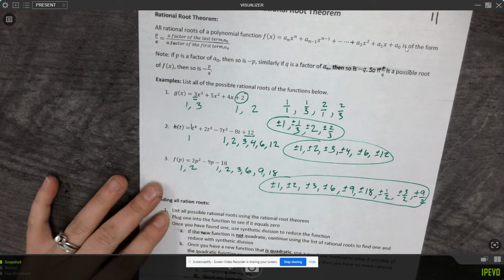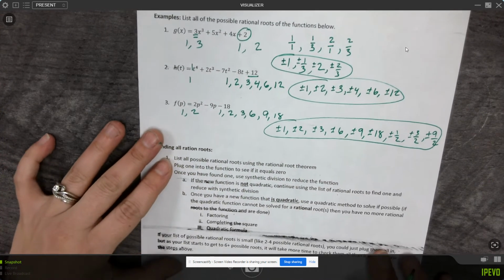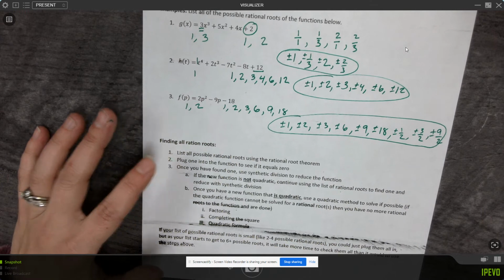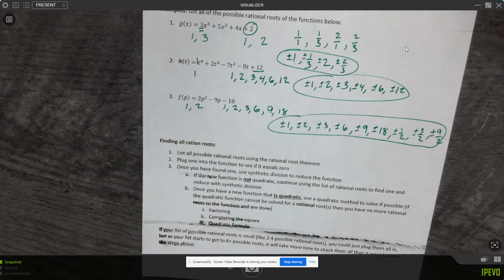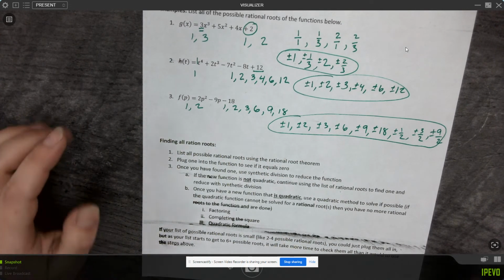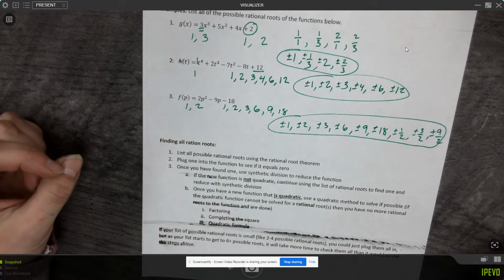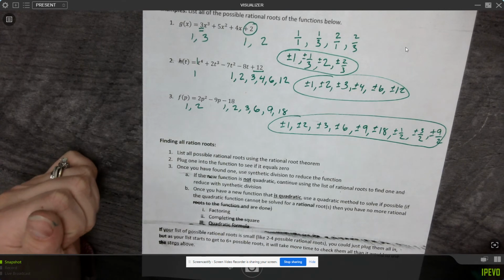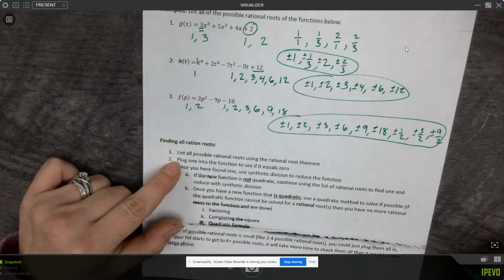Okay, let's talk about how to actually find them. So number 1, list all the possible rational roots using your rational root theorem, like what we did here. Step 1 could potentially be very, very tedious depending on how soon in your list you are, how lucky you are. You're going to start plugging in one of your rational roots into your function at a time and seeing if your answer is 0.